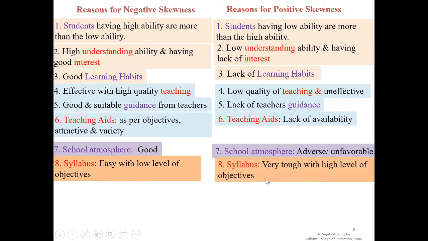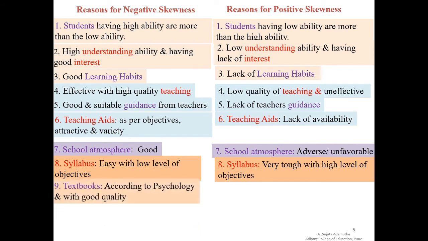Opposite of that, if a very high, tough level objective syllabus is given to the students, then they will get low scores. For example, again I can say that for 8th standard students, if we give the syllabus of 10th standard students, then very tough content with high level of objectives will be there, and students will get very low scores in that test, and we will observe the positive skewness here.